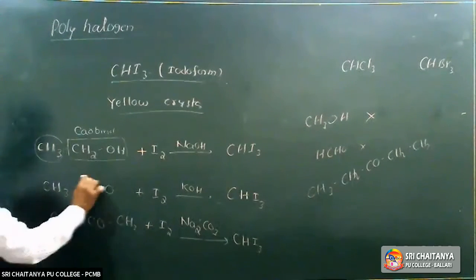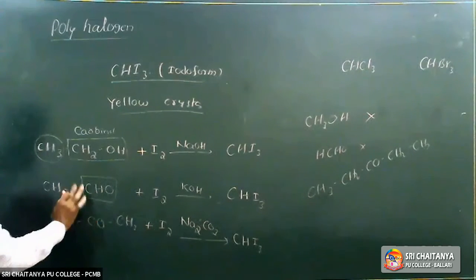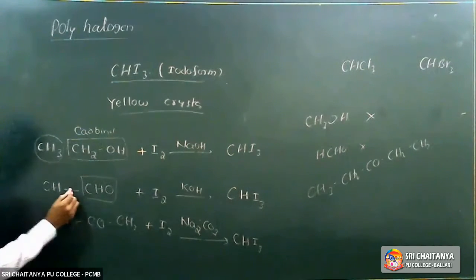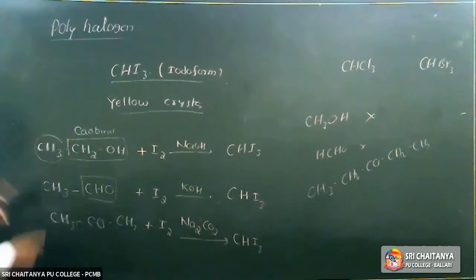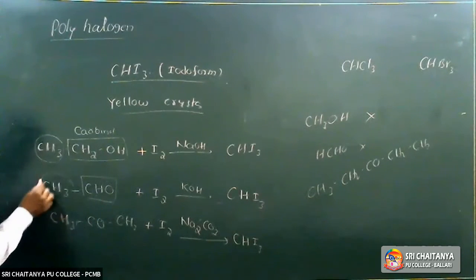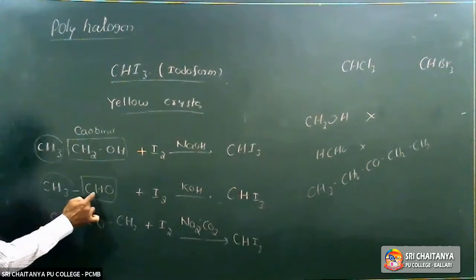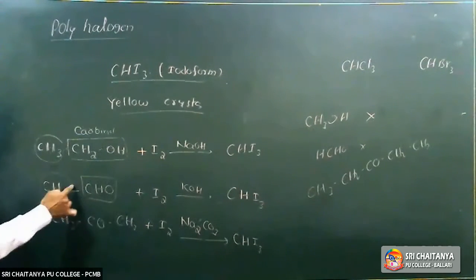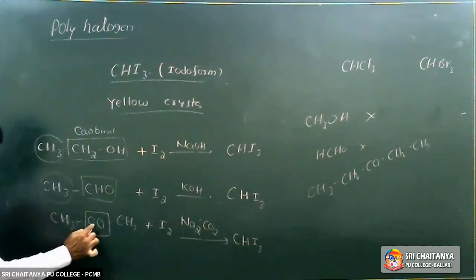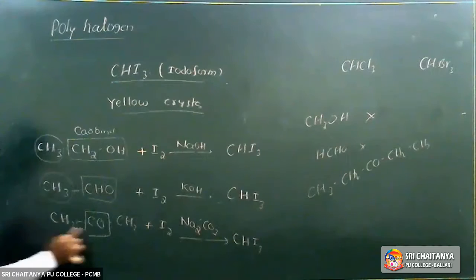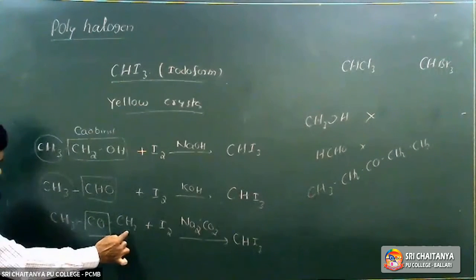In aldehydes, the functional group is attached with CH3. So when a CH3 group is attached to the functional group, it gives the iodoform test. For the keto functional group, the CO is attached with a CH3, or on the right hand side it has another CH3.